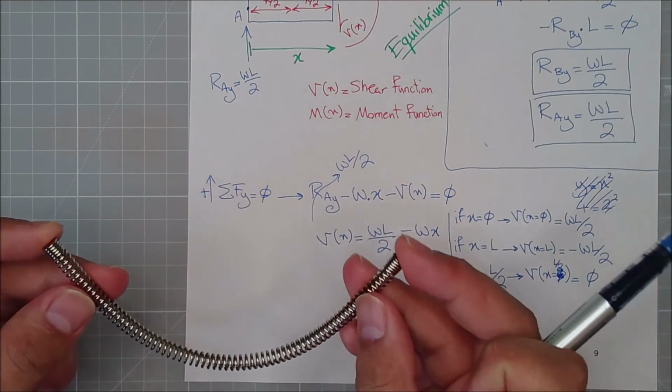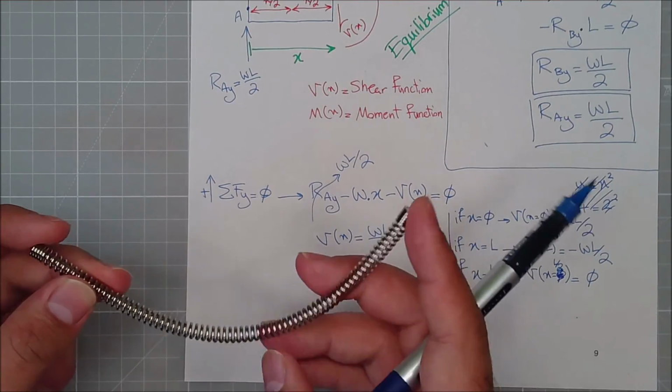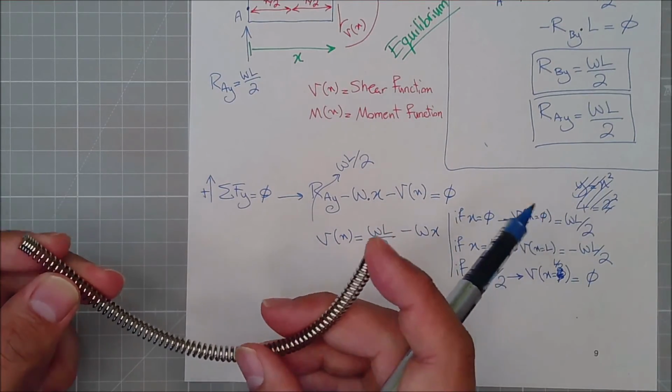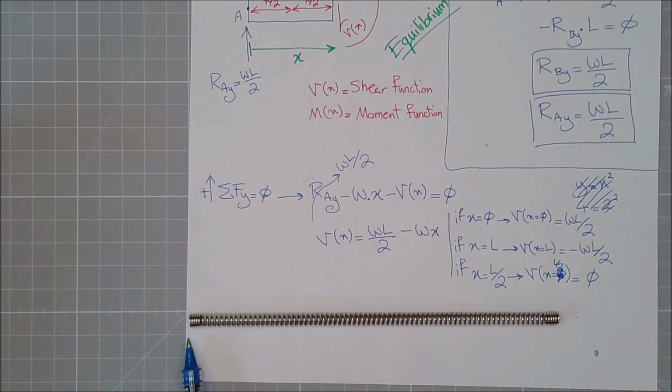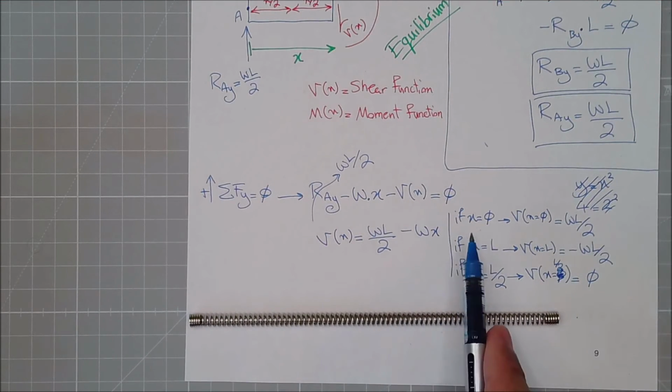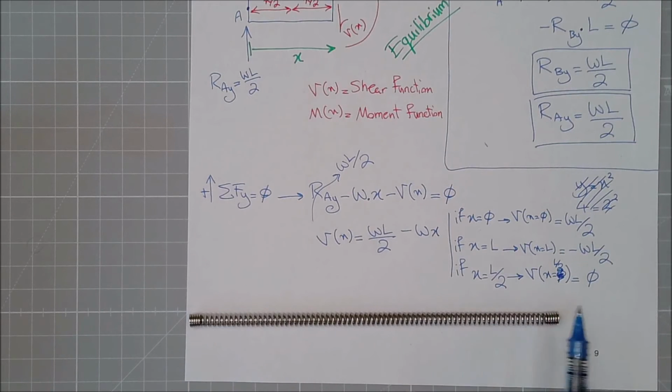So if I draw the moment diagram, I will see what will be happening at that point. But now, just considering the beam, I have calculated the shear at x equals 0, at x equals L, and at x equals L divided by 2, which means the midspan.